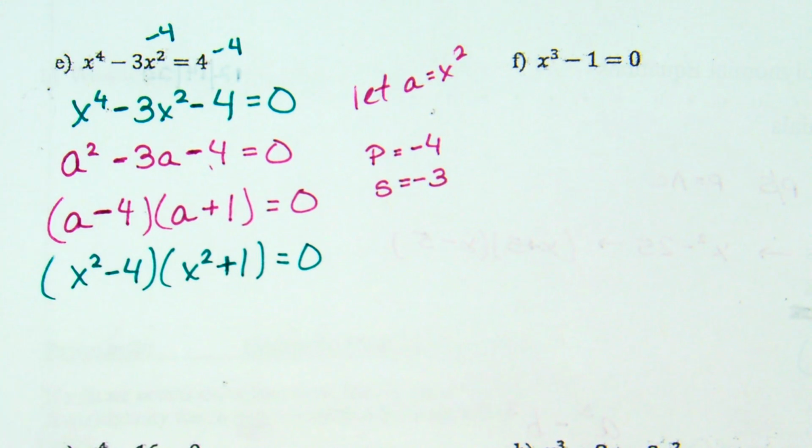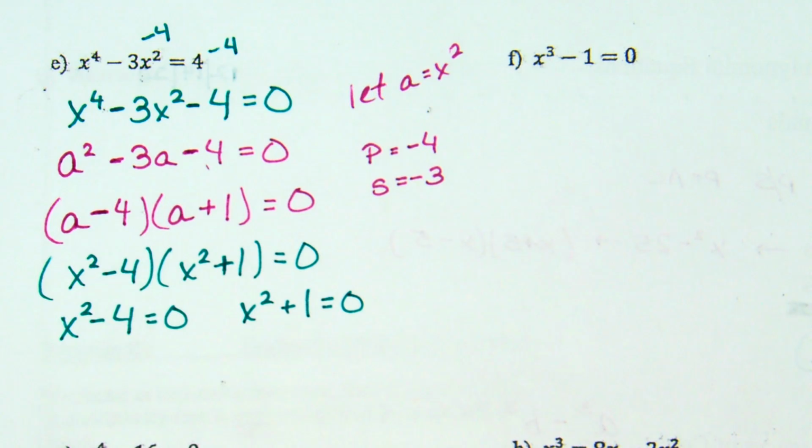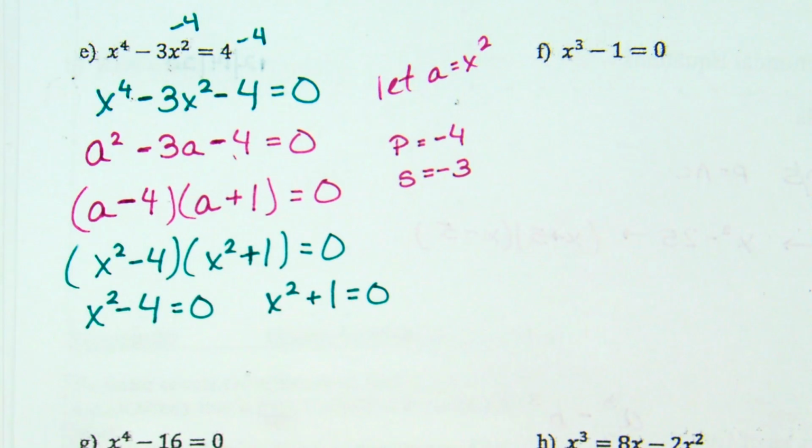How do I continue to solve from here? Okay. Two factors multiplying to equal 0. In order to solve, we're going to set each part equal to 0. X squared minus 4 equals 0, and x squared plus 1 equals 0. How do we solve if it's x squared minus 4? I can't square root yet.